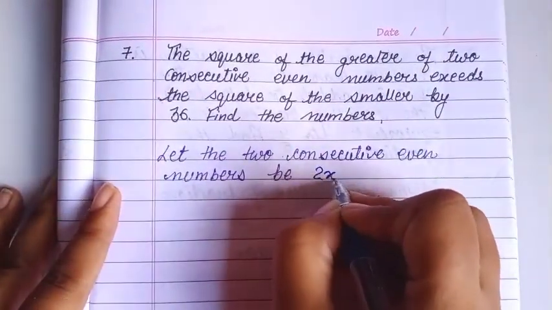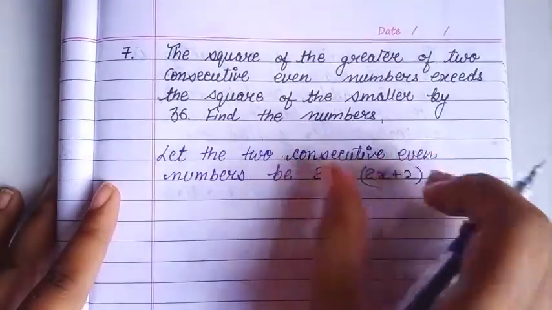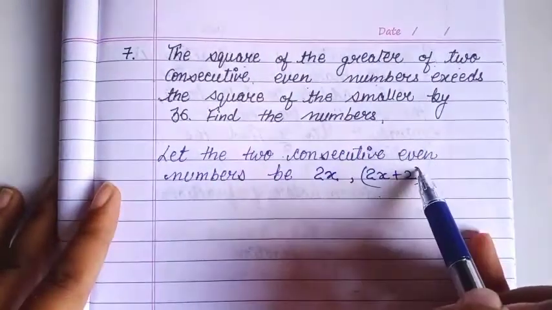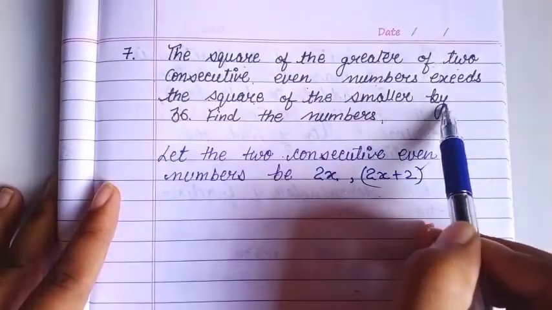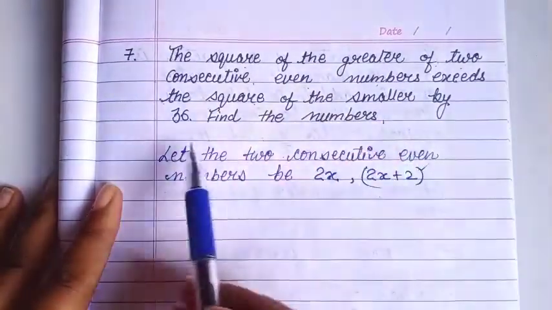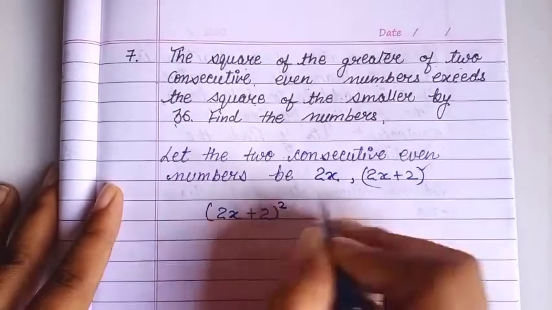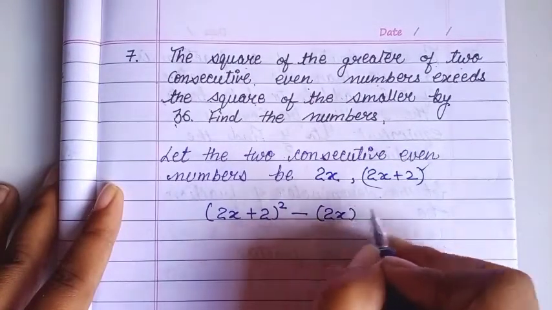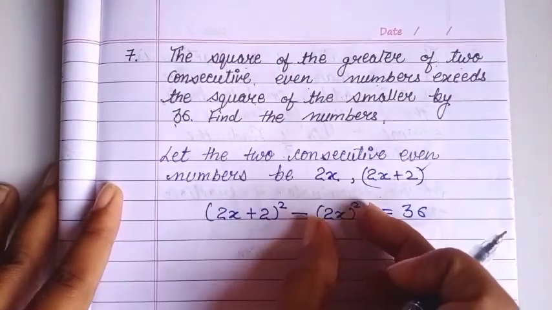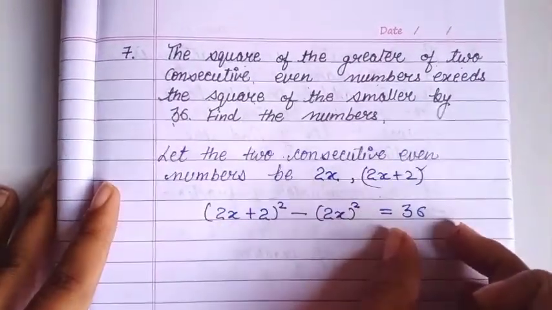Suppose the first one is 2x and the second one is 2x plus 2. Right? These are two consecutive even numbers. The square of the greater exceeds the square of the smaller number by 36. It means the difference of their squares should be 36. So the square of the greater consecutive even number minus the square of the smaller consecutive even number is equal to 36, because the square of the greater exceeds the square of the smaller by 36. So the difference should be 36.